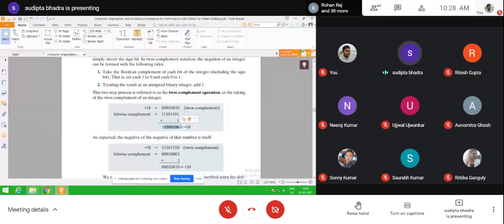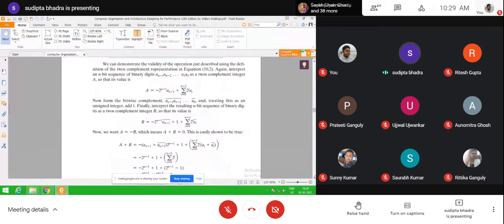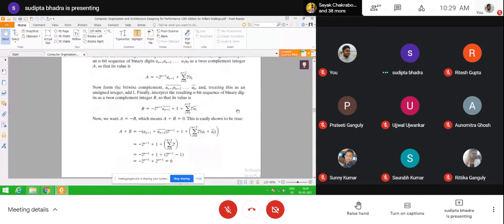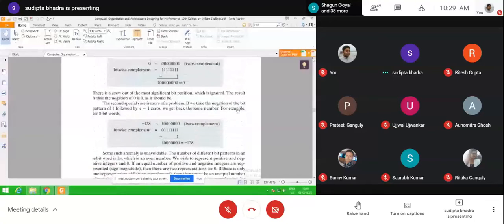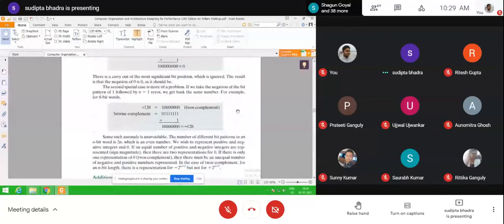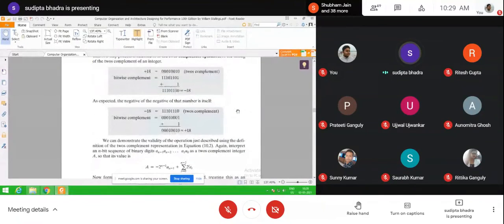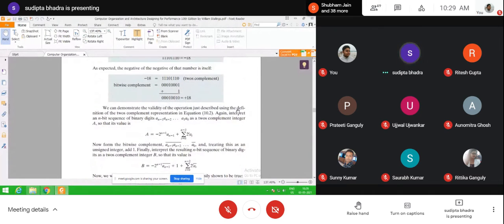So minus 128 plus 110 gives you minus 18. Similarly, from minus 18 we are going to get plus 18.